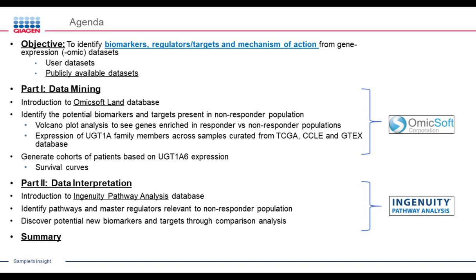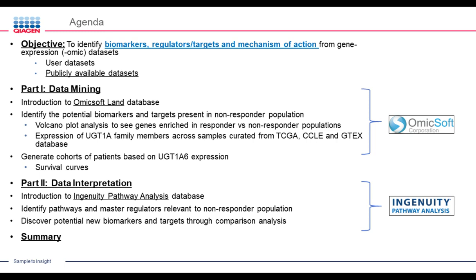In addition, this software can also be used to generate different views. To see how good the biomarkers are, you can generate curves such as survival curves, heat maps, and so on. In the second part, we'll be focusing on data interpretation.